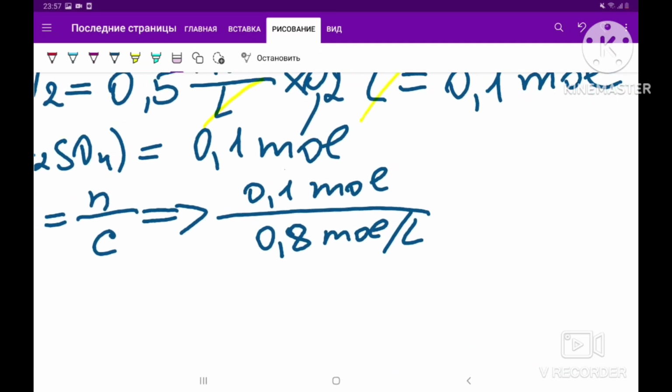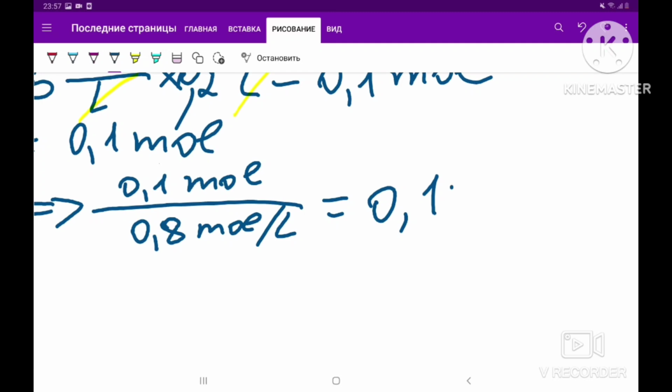The answer will be 0.125. Mole and molar cancel, liter remains. We found the volume. Now we need to find the mass of calcium sulfate.